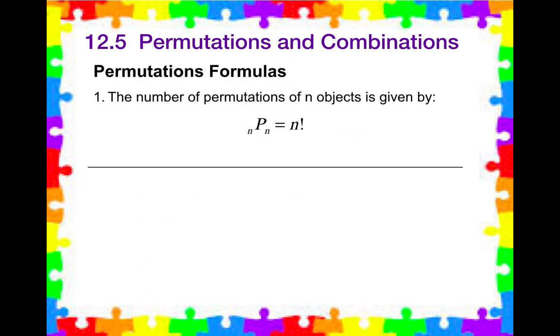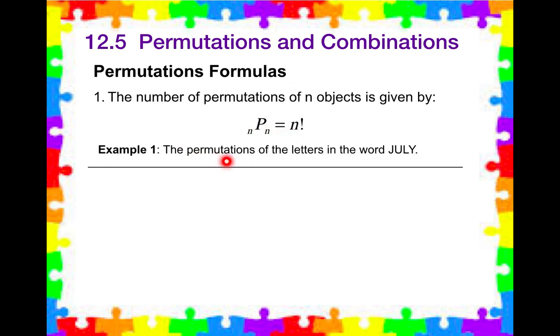Permutation formulas. So if the number of permutations of n objects, if we have n objects, we want all the different permutations, just like our flipping the coin, then that's given by this formula. We have n objects and we're choosing n of them. So then it looks like this. N objects choose n objects, permutations is equal to n factorial.